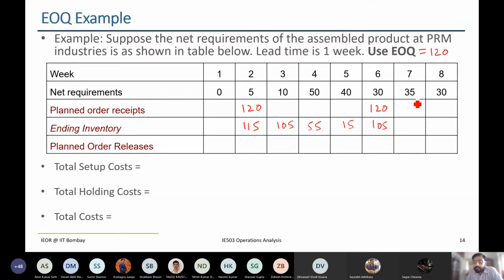Then I have enough inventory, 105, and the requirement is only 35. So that makes it 70. And then this ends with an ending inventory of 40 units. Planned order releases are nothing but just shifting of this. So I produce 120 here and 120 here.